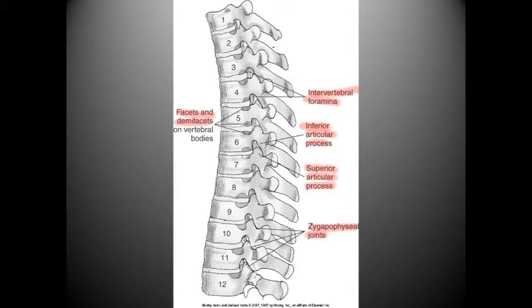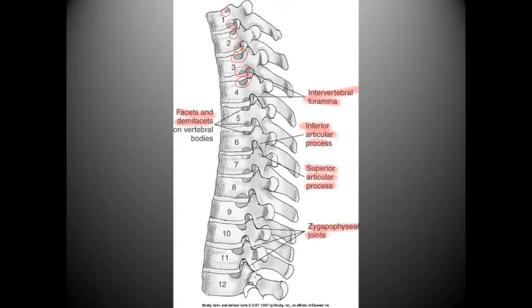Here we see the thoracic vertebrae, and as you can see, you have superior and inferior costal facets. Typically, these will not be demonstrated on any other vertebral bodies other than the thoracic.